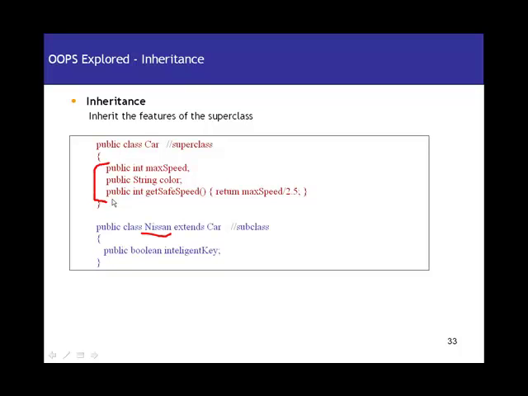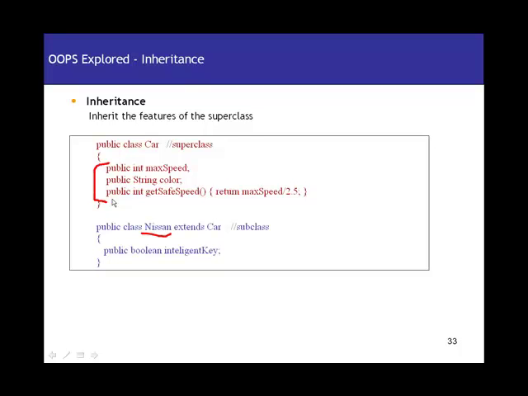Basically, Nissan inherits all these attributes and methods from the superclass in its own class. So anyone from the outside world, if they try to get the color from the Nissan class, they'll be able to fetch it. It won't give them an error because it has inherited all those features from the superclass.